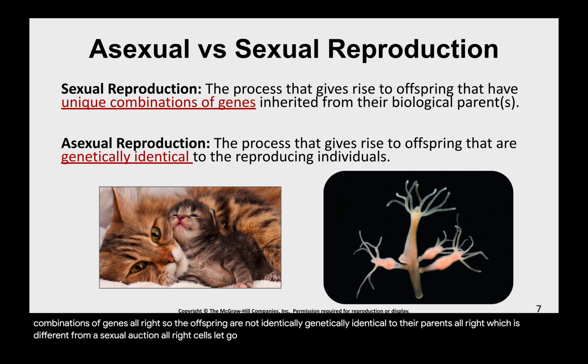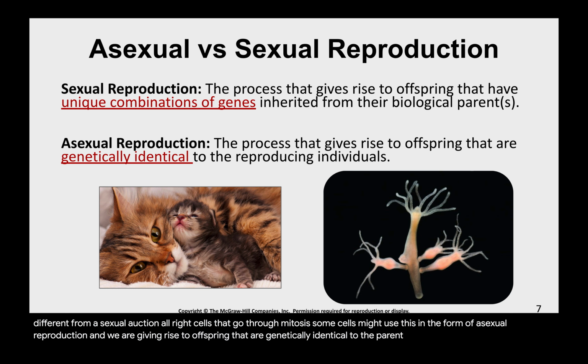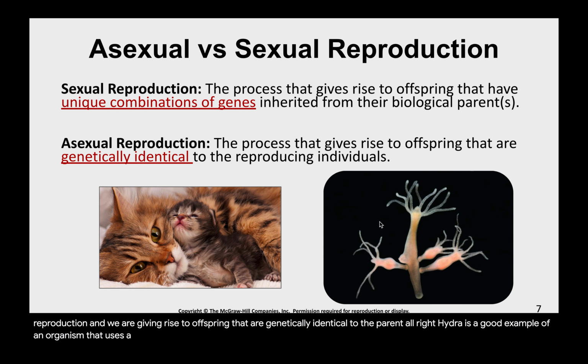Cells that go through mitosis, some cells might use this in the form of asexual reproduction, and we are giving rise to offspring that are genetically identical to the parent. Hydra is a good example of an organism that uses asexual reproduction. We can see it starts to create these individuals kind of budding off of the main body here.